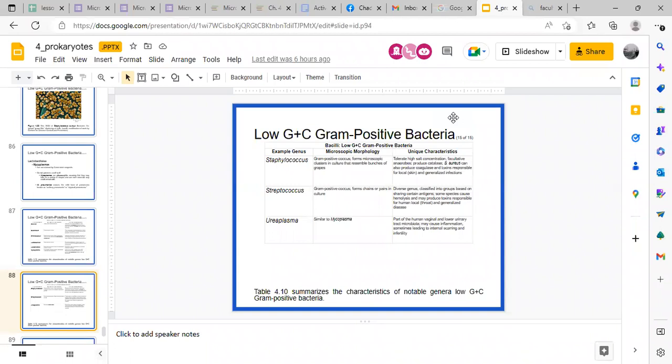Under Streptococcus, some species can cause hemolysis and produce toxins for the throat and generalized disease. Ureaplasma is part of the human vaginal and lower urinary tract microbiota. It may cause inflammation, sometimes leading to internal scarring and infertility.